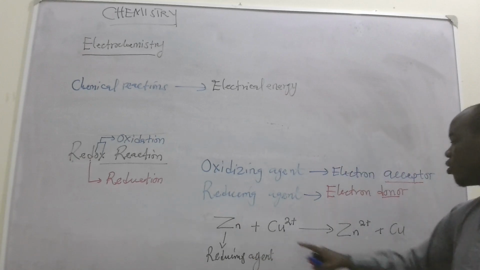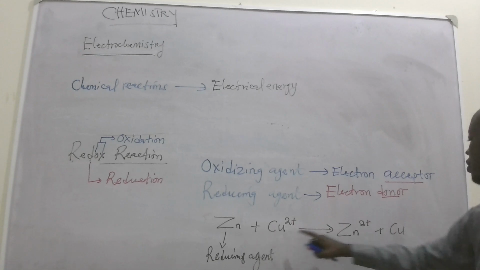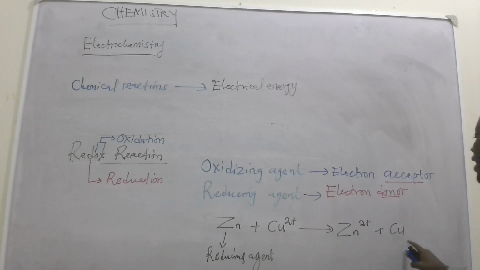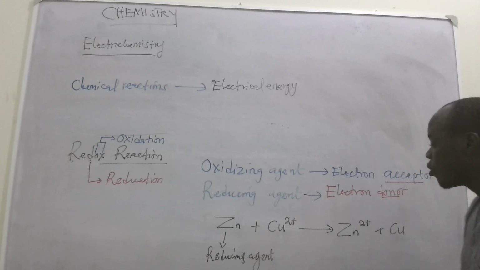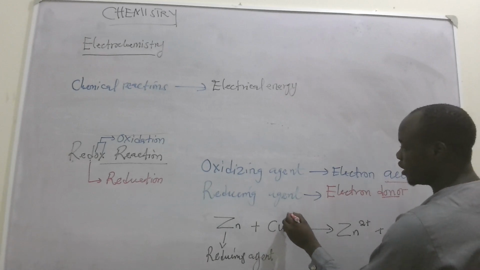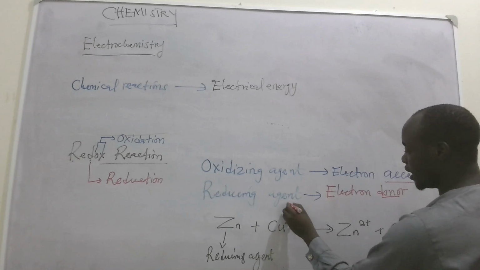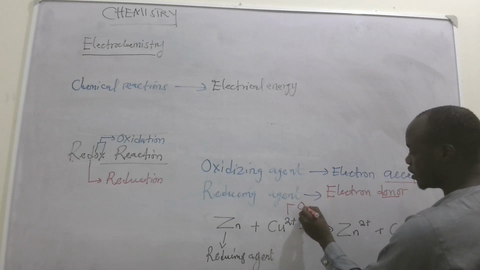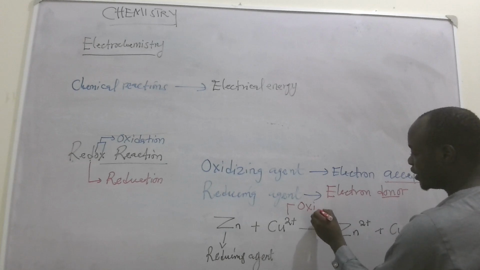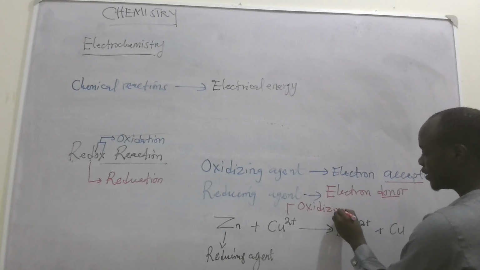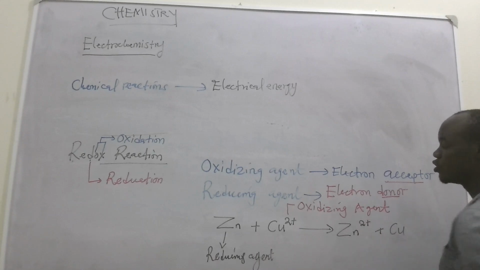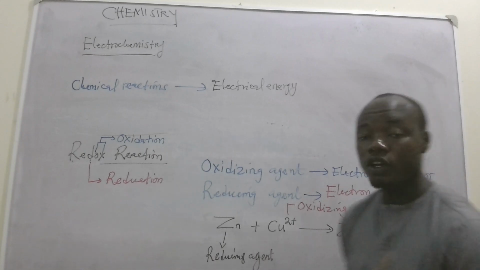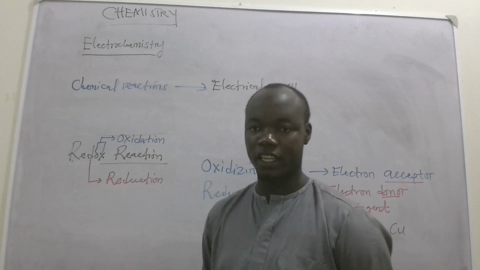And of course, copper 2 ions, from here to here, accept electrons. So it means that copper here is an oxidizing agent because it accepts electrons. So this is what we call reducing agent and oxidizing agent.